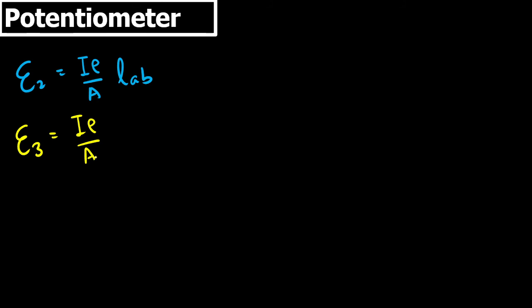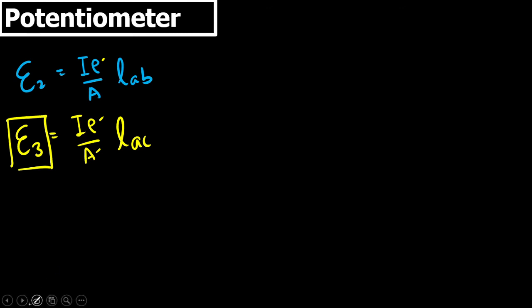We're using the same wire, and we have the same power supply for E1, epsilon 1, so we have the same current. Now, in order to figure out what epsilon 3 is, which is the unknown, we can relate them. We can take the ratio between them.